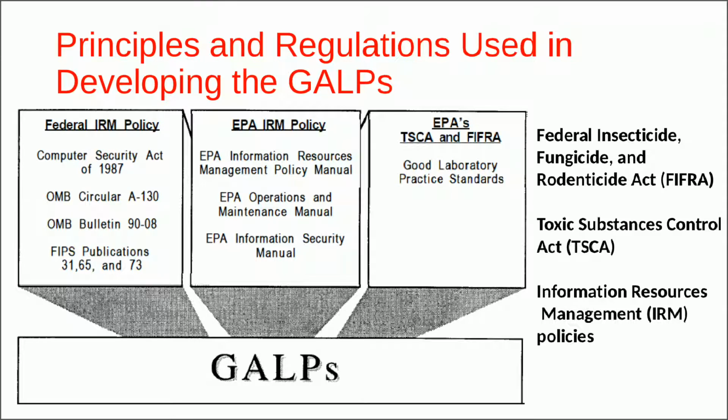Now, various principles and regulations used in developing the GALPs. These are some fundamental principles from which the guidelines of Good Automated Laboratory Practices are developed. Agencies like FIFRA, that is Federal Insecticide, Fungicide and Rodenticide Act, TSCA, that is Toxic Substances Control Act, and the Information Resources Management Policies, known as IRM, have played a very significant role in the development of GALP guidelines.